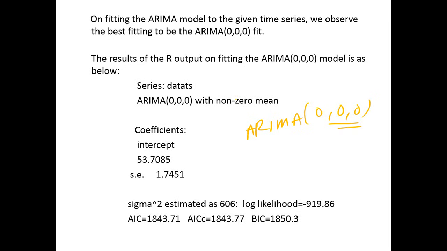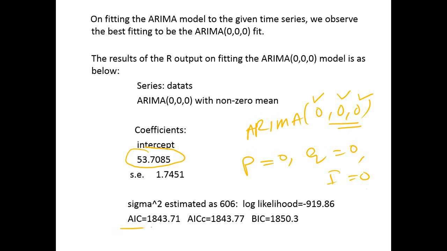It has done the comparison and it tells us that this is the best fit. That means the P lag is 0, the Q is 0, and the I is 0, right? It only has an intercept. It does not have slope coefficients because there is no AR component, integrated component, or MA component. So the slope coefficients are all zeros, right?